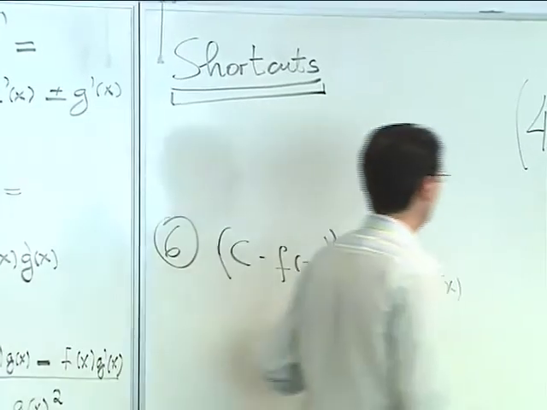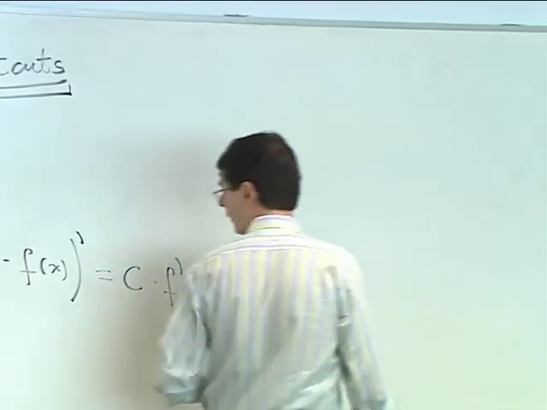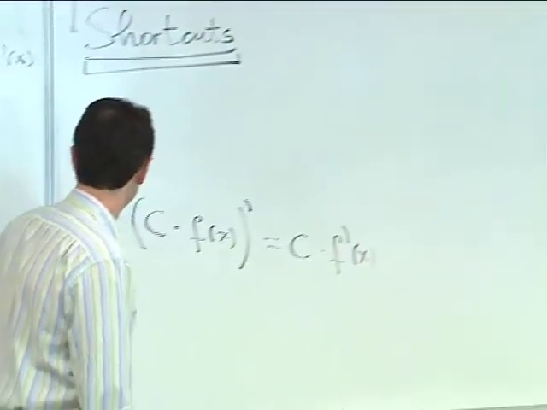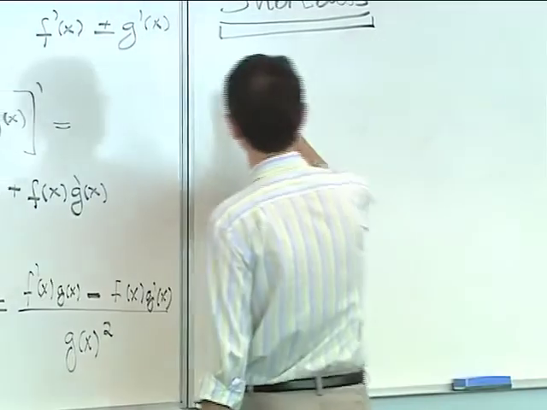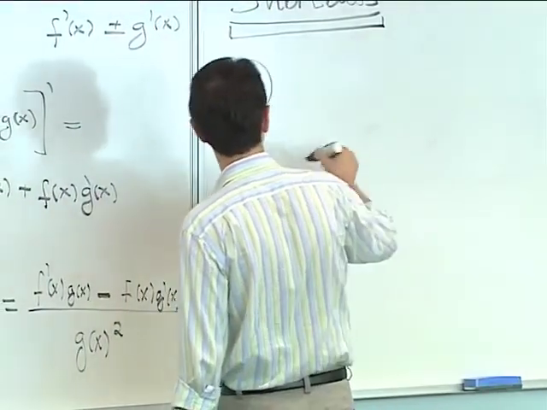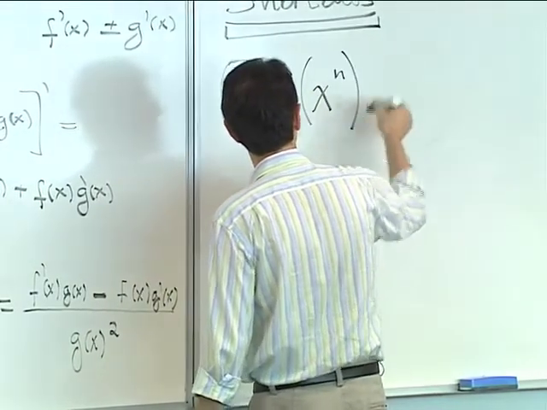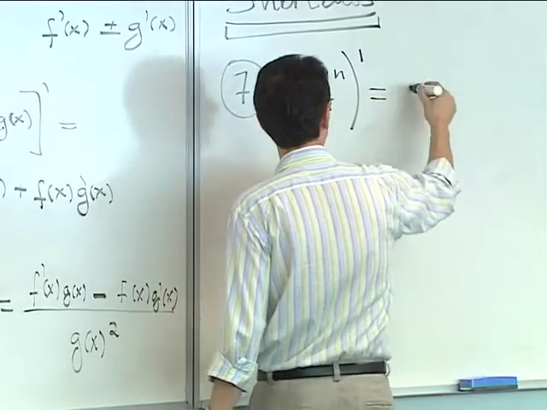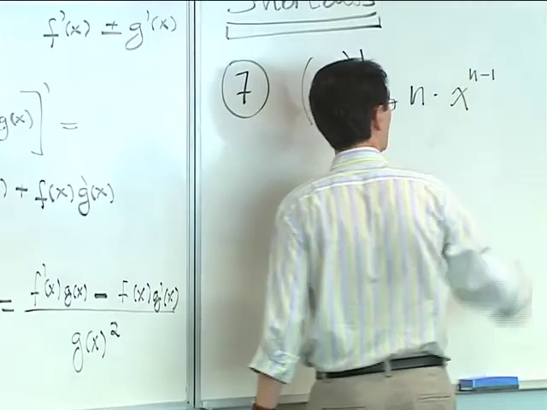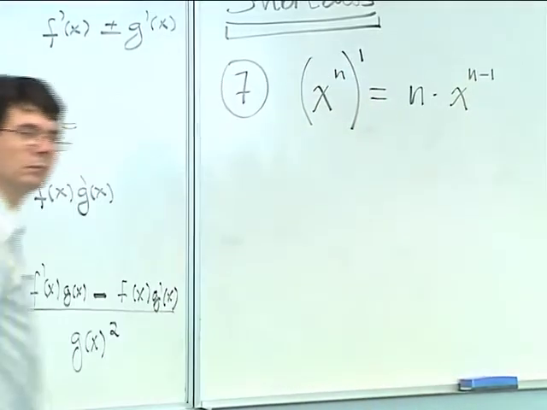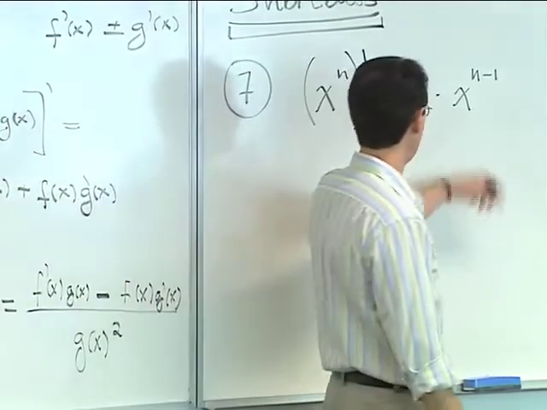Last shortcut, and that's going to be a very important shortcut because it happens all the time. That's going to be formula 7. Let me explain this.